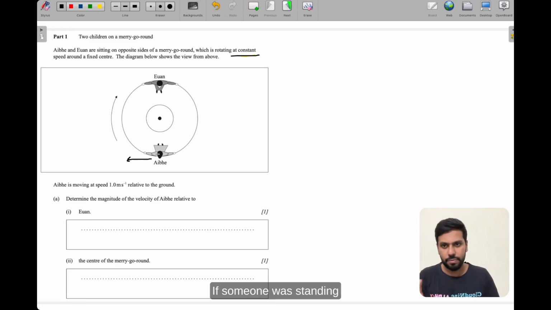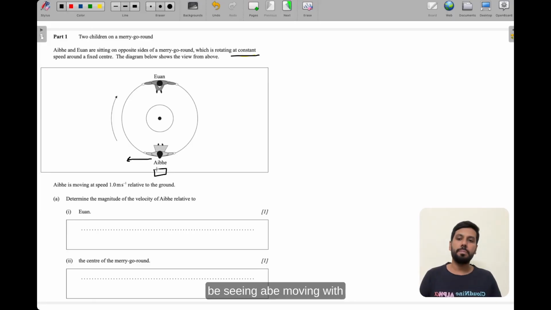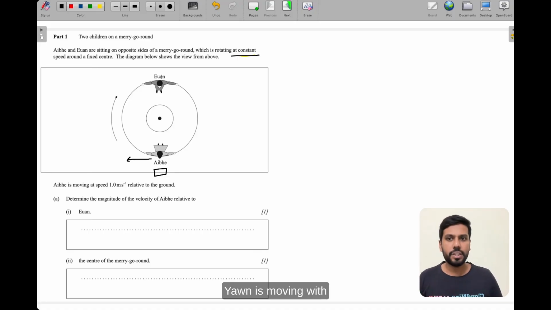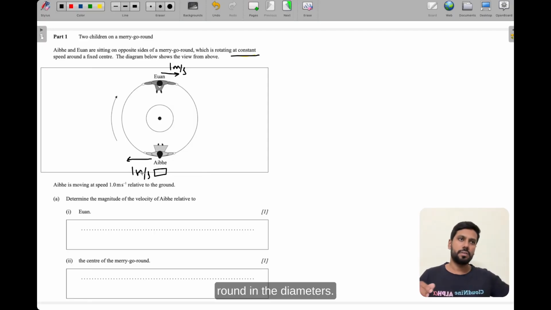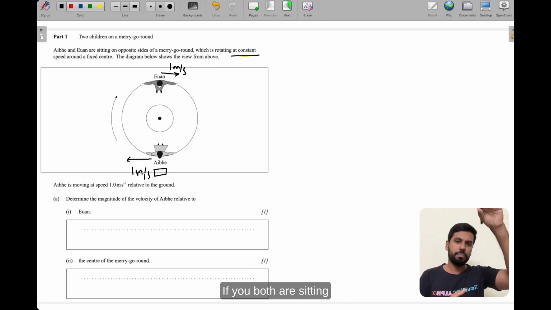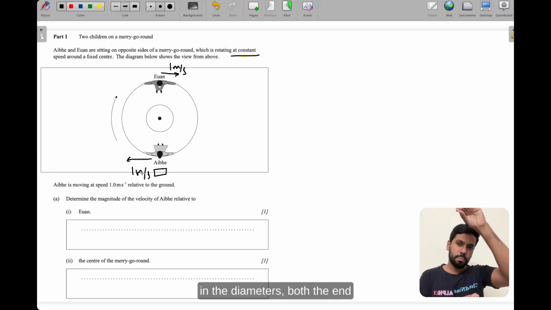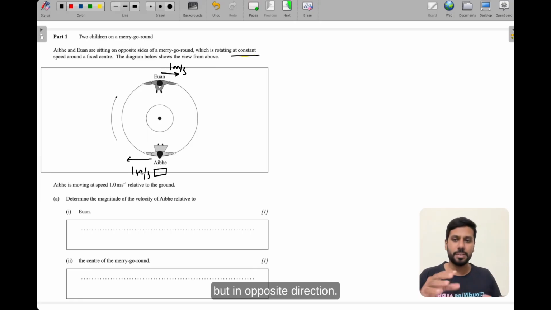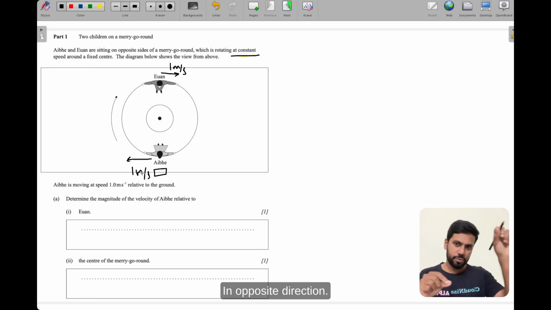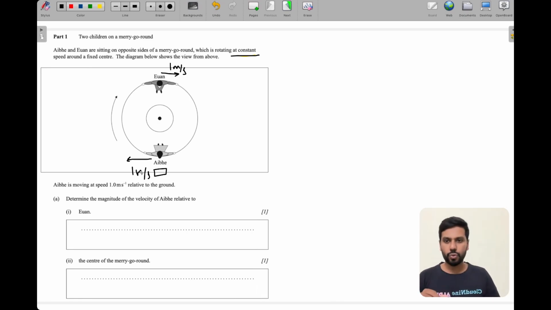That means if someone was standing on the ground here, he would see Abe moving with 1 meter per second. So can I say even Eon is moving with 1 meter per second? They are both part of the same merry-go-round, sitting at the ends of a diameter, so both are going at the same speed but in opposite directions.